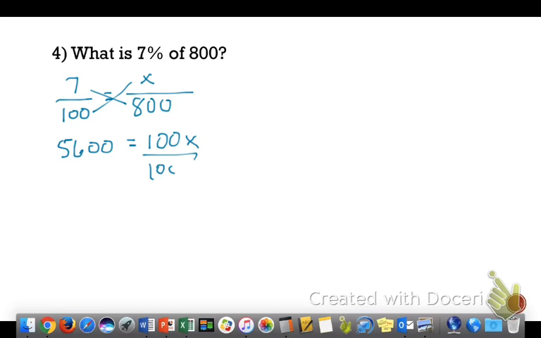And then we'll just solve for x. So 56 is 7% of 800. And when you get your answer, always look and make sure that your number is reasonable. So it should be a smaller amount compared to 800. 7 is smaller compared to 100. And 56 is.